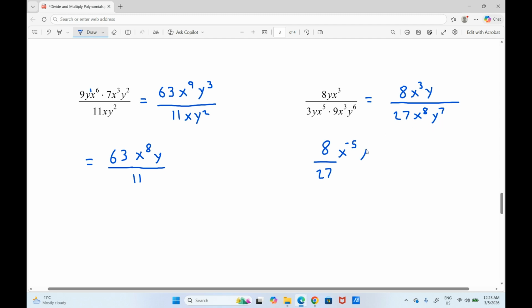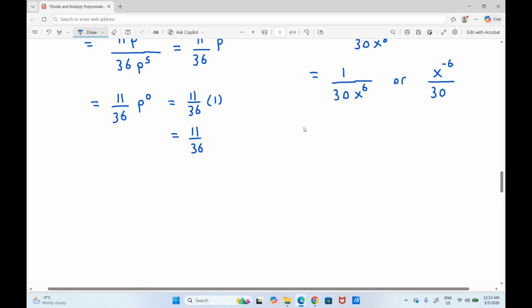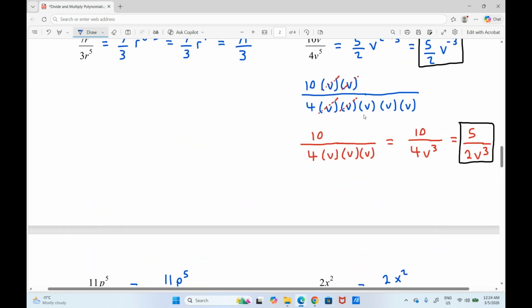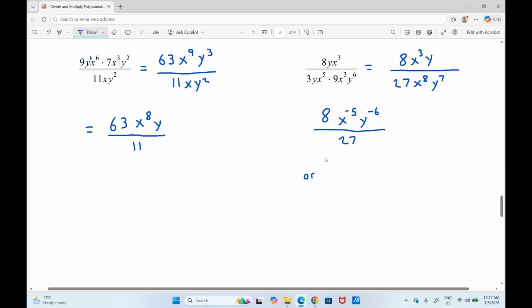So that's y to the exponent of negative 6. So my answer would look like this. I'll leave the 27 in the middle, more so. Or recall, if I expanded these out, similarly to how I did it here, my answer could also be in a different form. So my answer could also be written as 8 divided by 27 times x to the exponent of 5 times y to the exponent of 6.